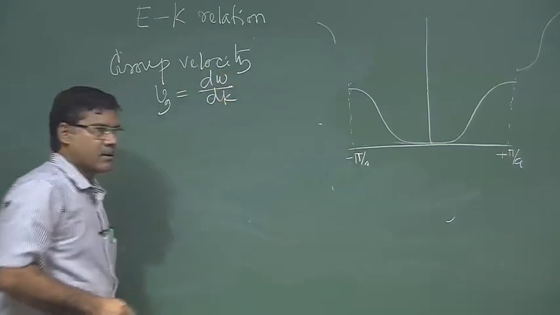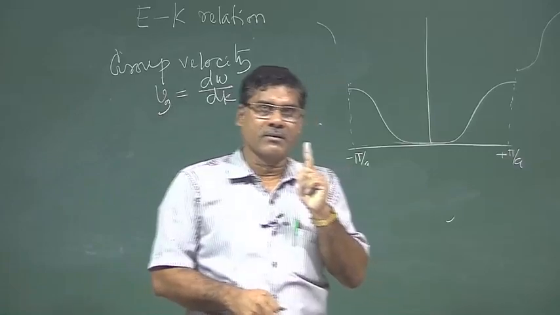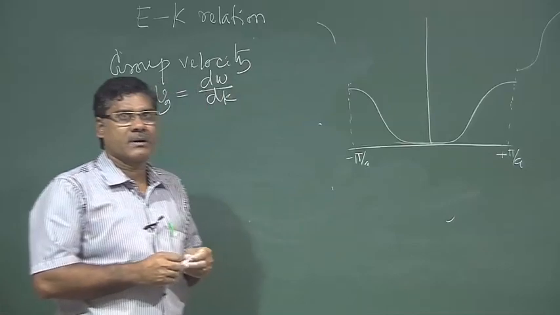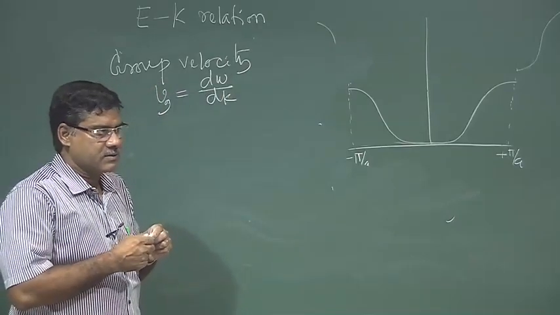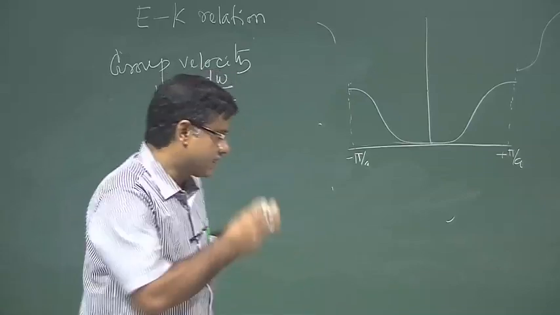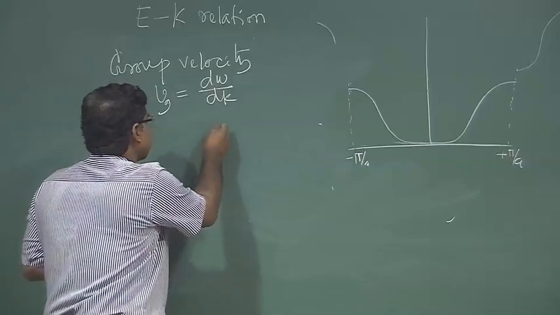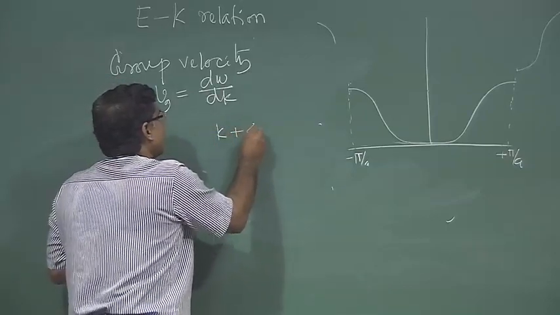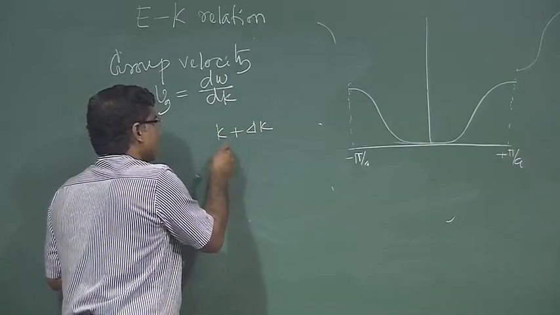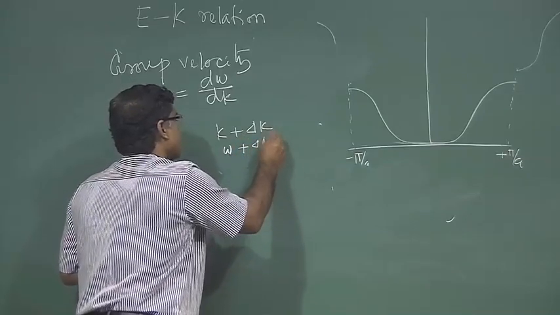Okay. What is that? When there is dispersion, it is not only a particular k and omega; there are many components close to that, within this d omega and dk range. So, k is not unique: it is k plus delta k and omega is omega plus delta omega.